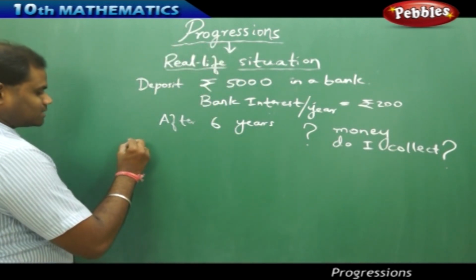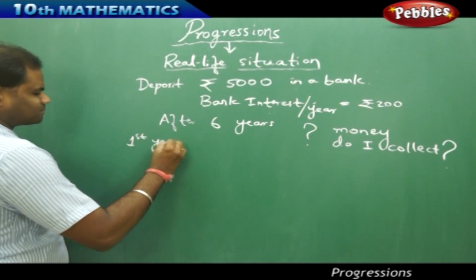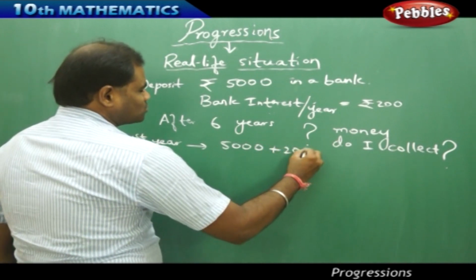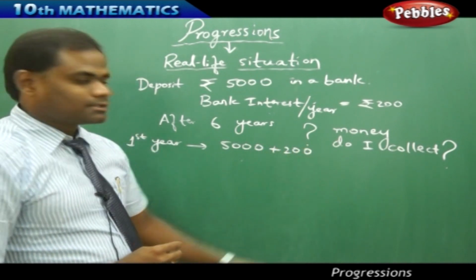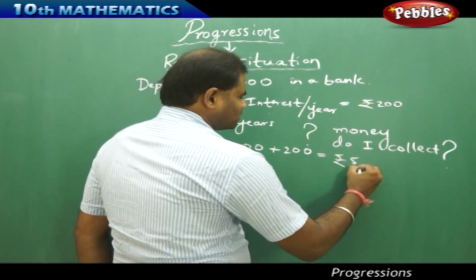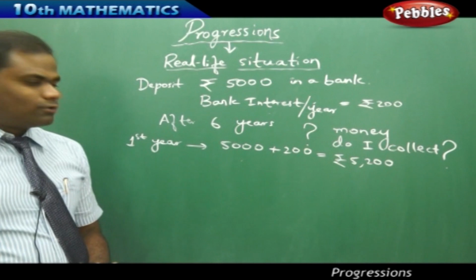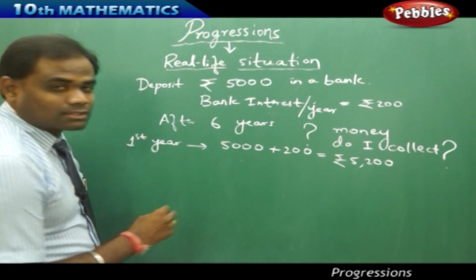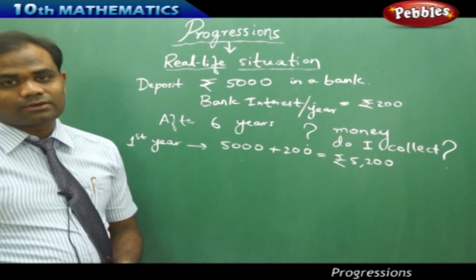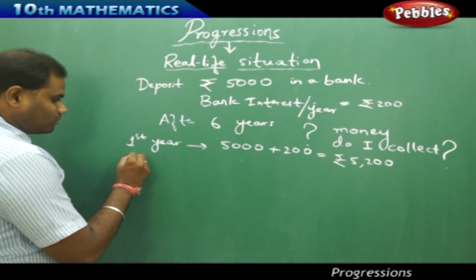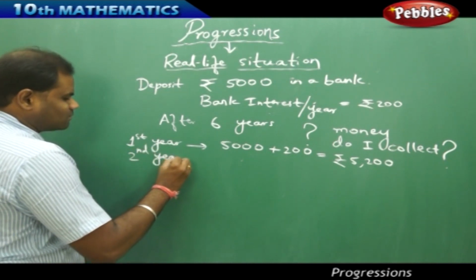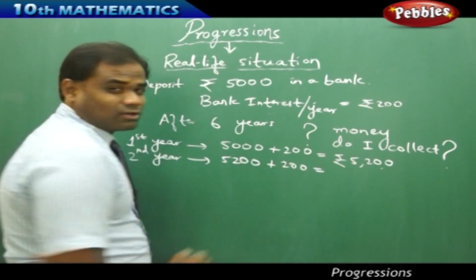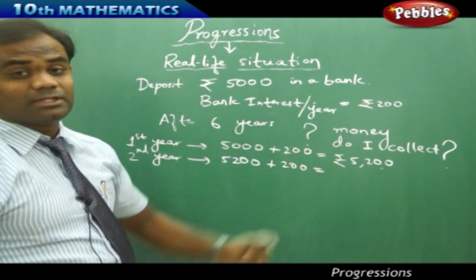As I see here, in the first year, my deposit of 5,000 increases with 200 rupees as the interest. Therefore, this comes out to be 5,200. And therefore, my second year will have another 200 added to this, so I get 5,400, then 5,600, 5,800, and so on and so forth. Let's start with the second year, where this amount is added with 200 because the bank gives an interest of 200 rupees per annum.